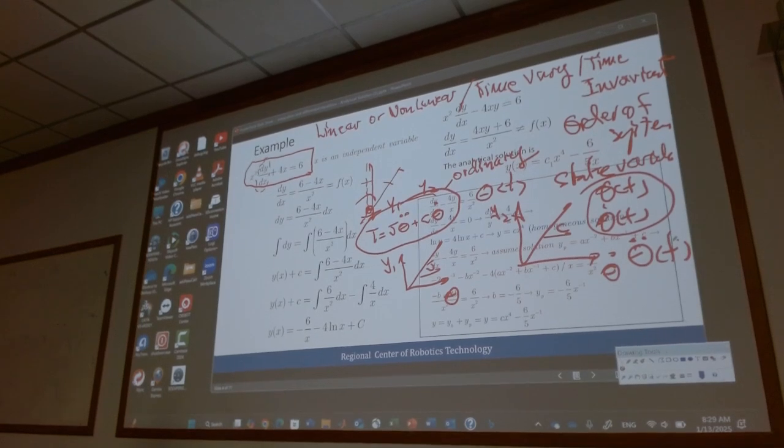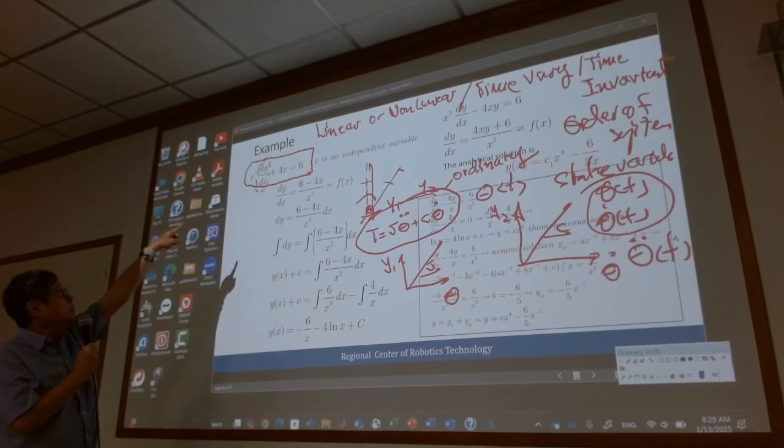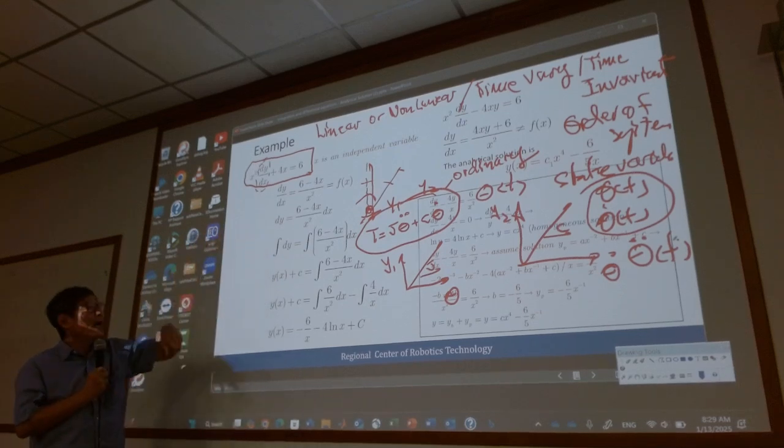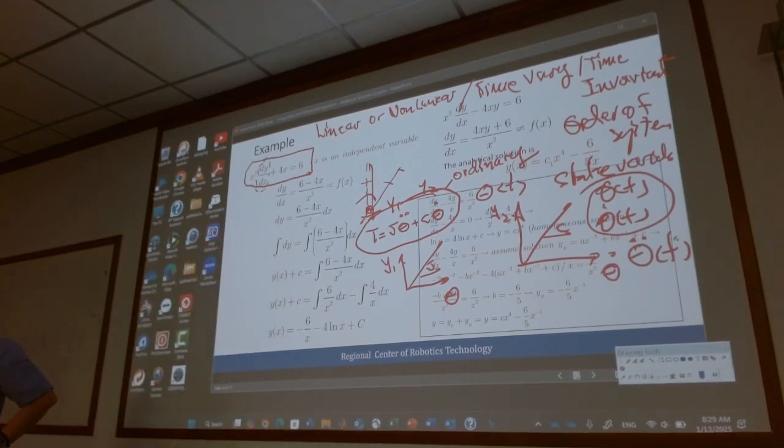This one compared to this one: y is theta, x is t. dy by dx.